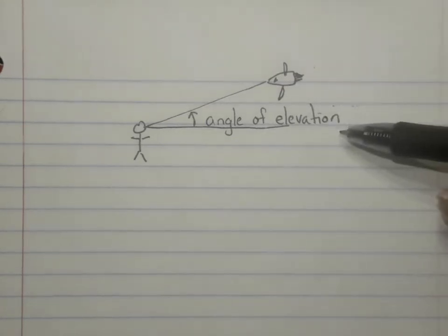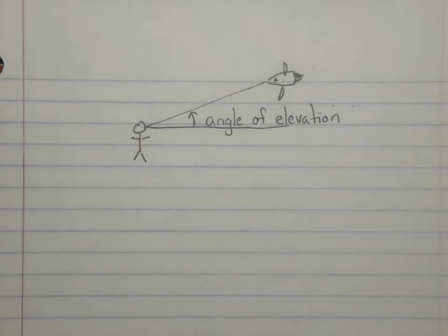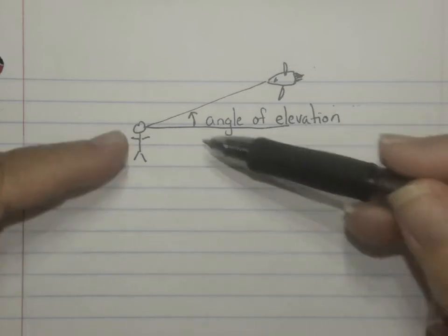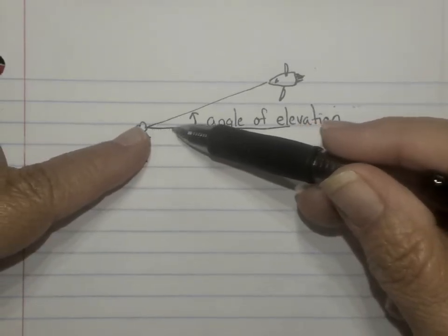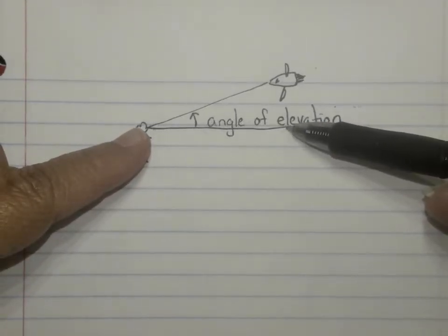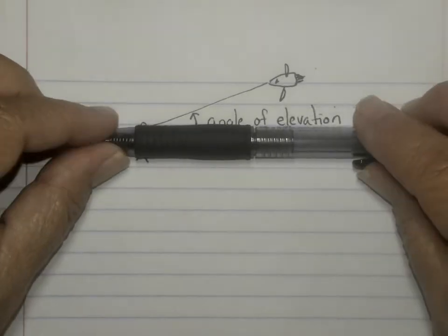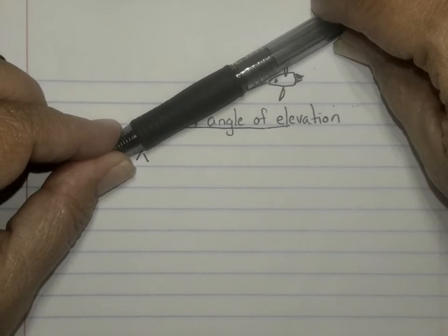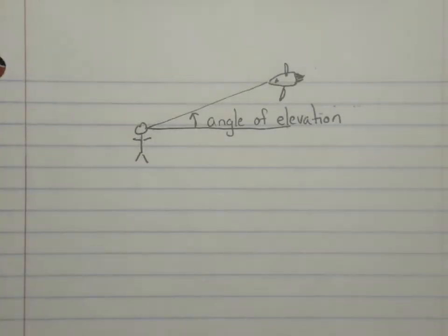The word elevate means to lift up, an elevator. Now, granted, elevators go both up and down, but the word elevate means to lift up. So an angle of elevation is always going to have an initial ray that's horizontal. You start horizontal and then go up. That will always be an angle of elevation.